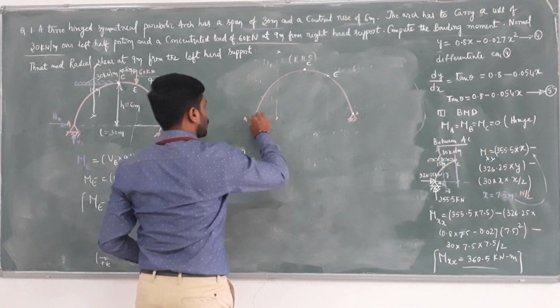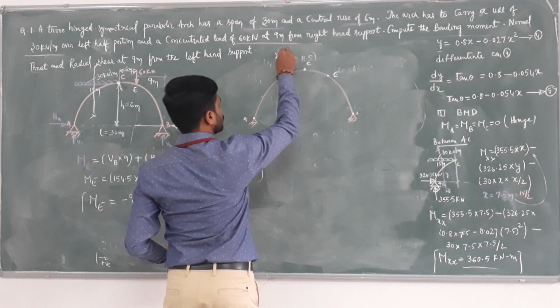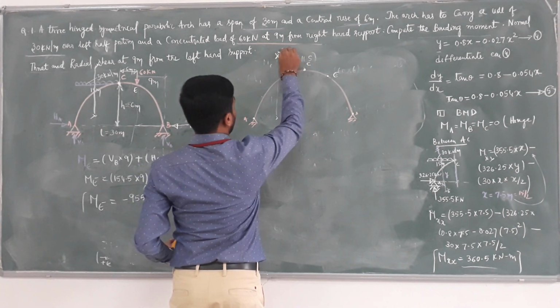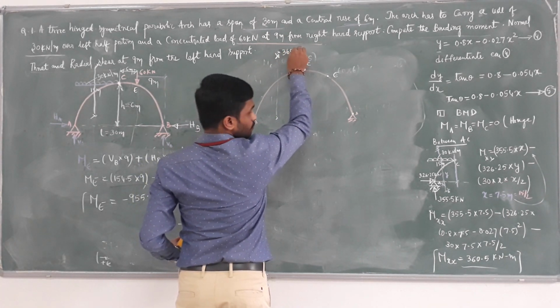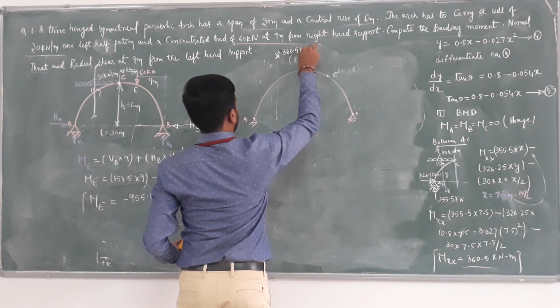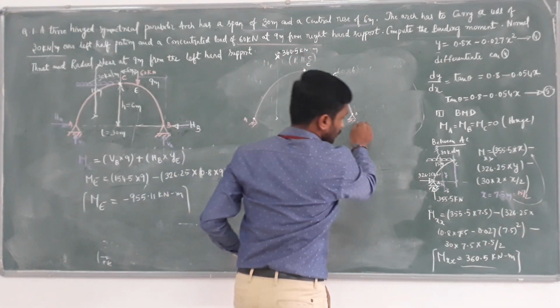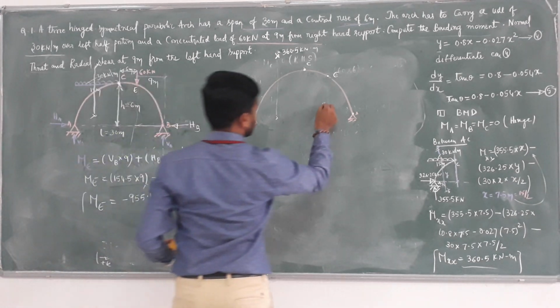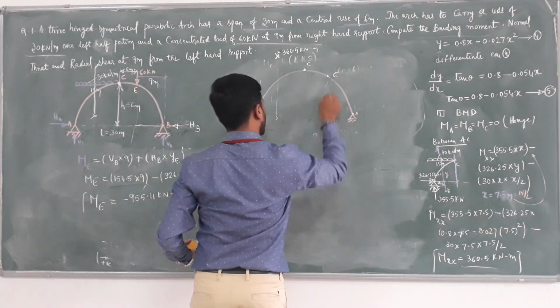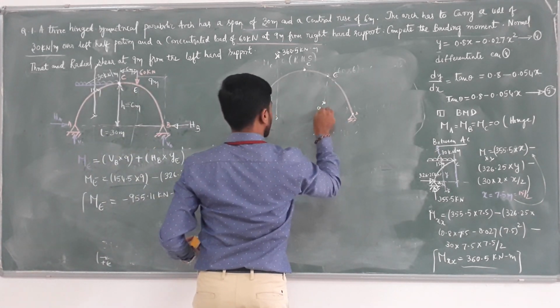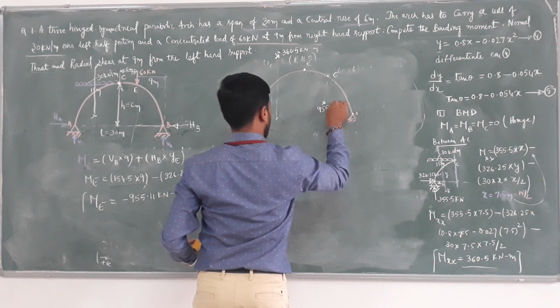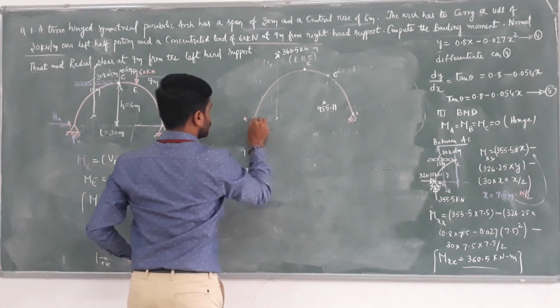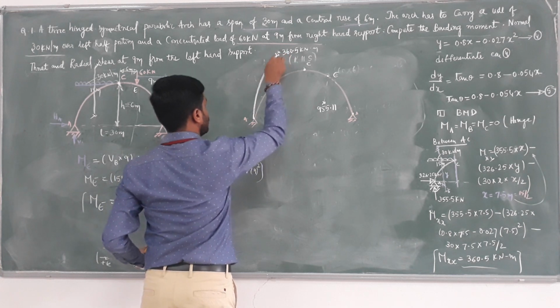So positive value is represented above the arch, that is 360.5 kilonewton meter. In between C and E, E is minus 955.11, so it is represented below the baseline of the arch. Now this is UDL, so what is the variation?